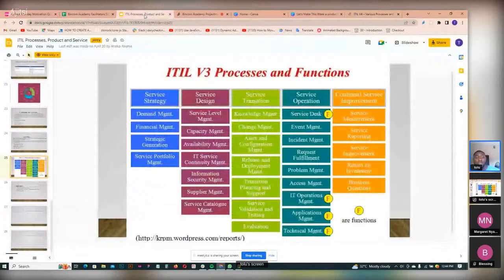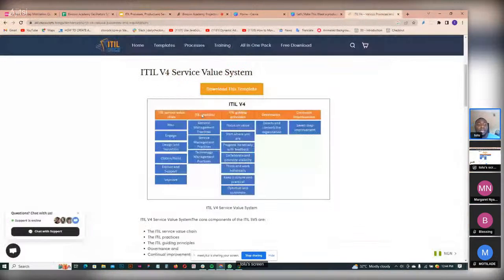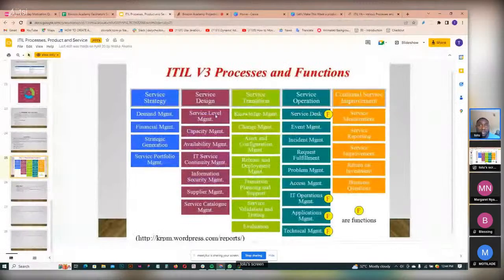Governance is the total monitoring of the whole project, providing functions and processes. And the ITIL practices are the same as service design.